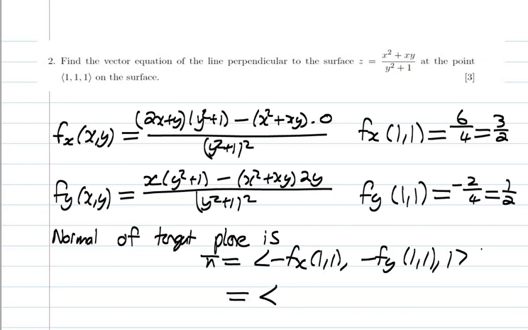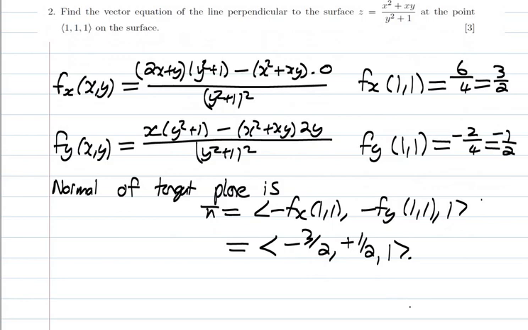Here it evaluates to (minus 3 over 2, minus, that was minus a half, so this becomes plus a half, 1). So now we have a surface and the point (1,1), and at that point we created the tangent plane, and now we have the normal of the tangent plane to the surface at that point.